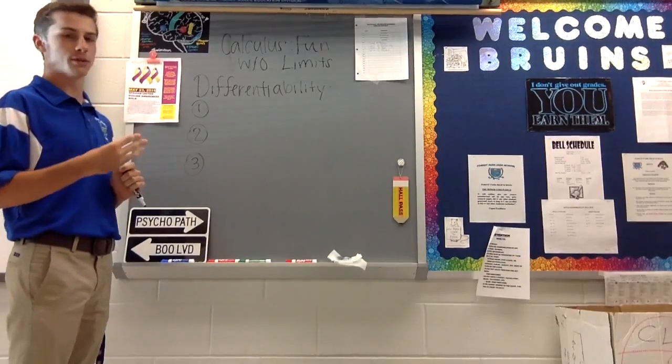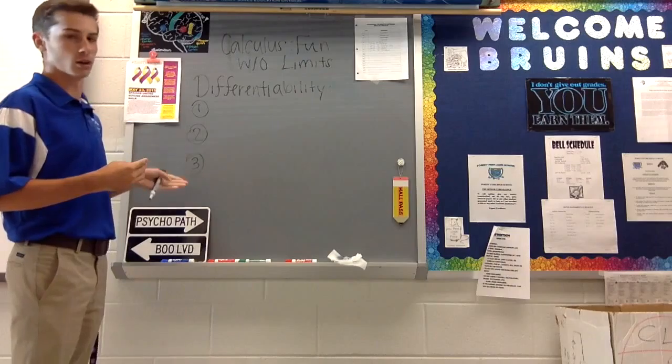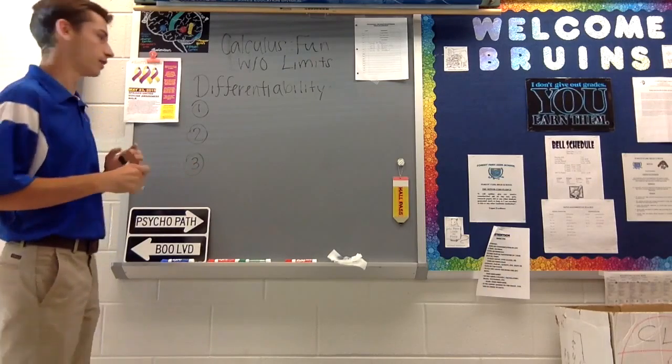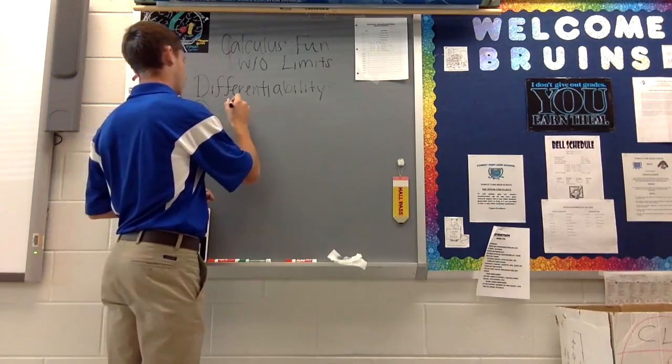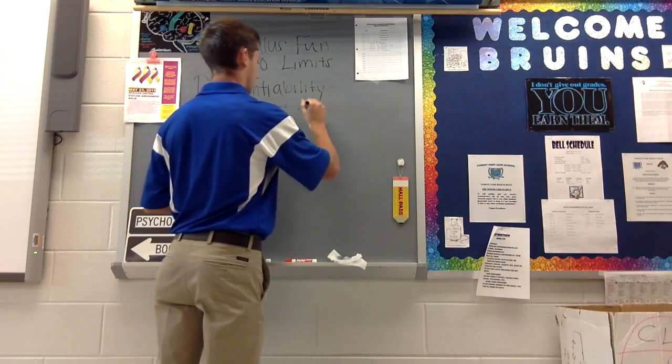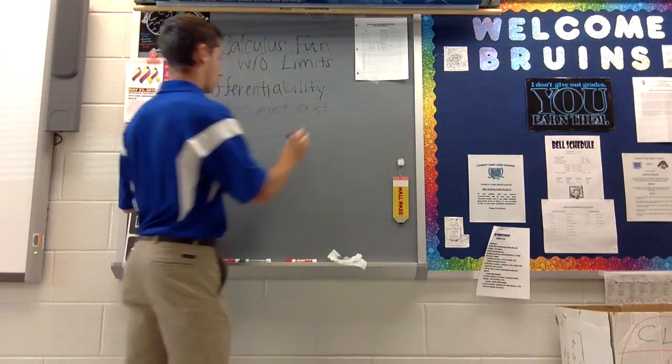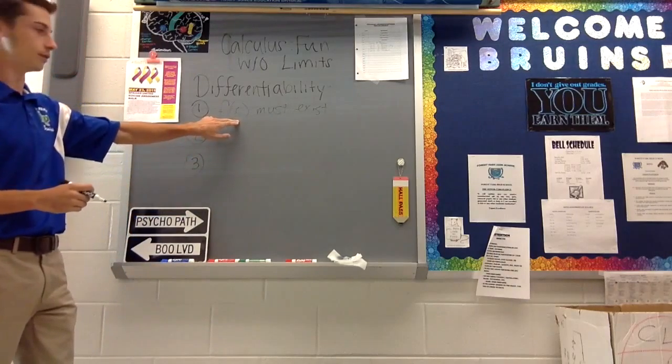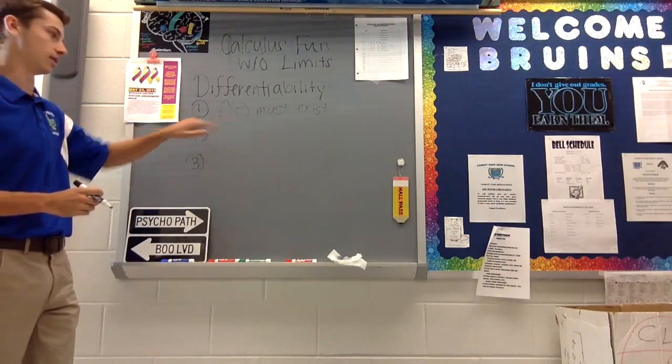So now there are three rules that a function must follow for us to be able to take a derivative. The first one: the value at c of the function f of x must exist.